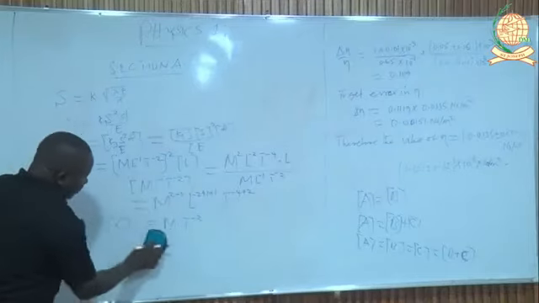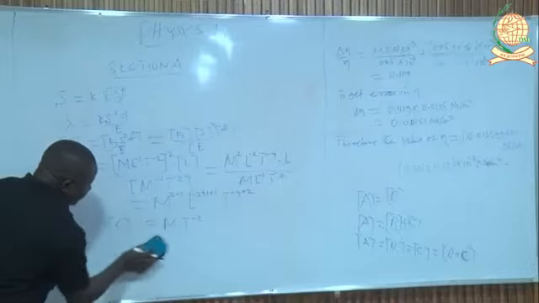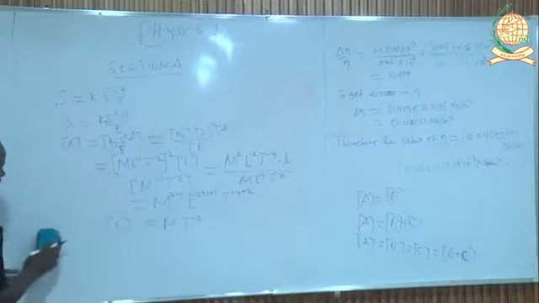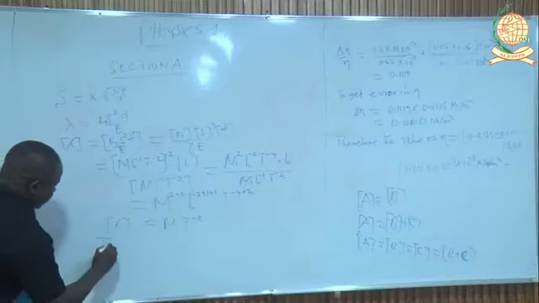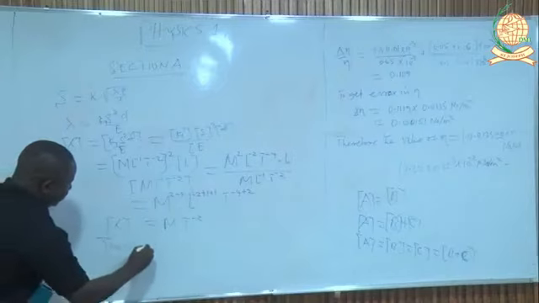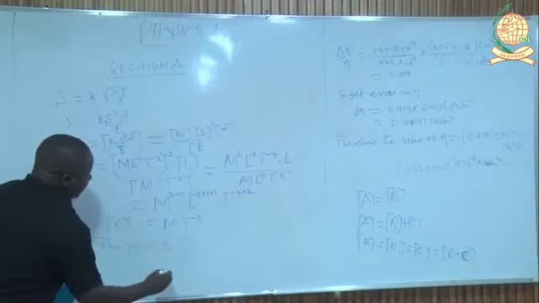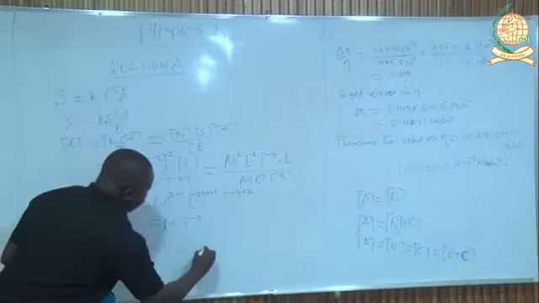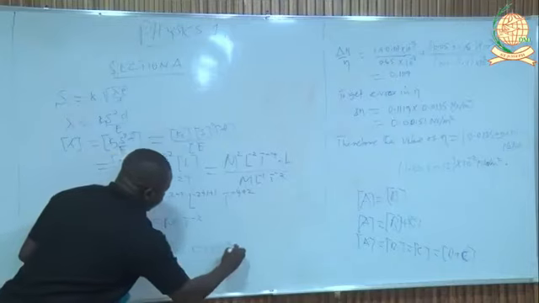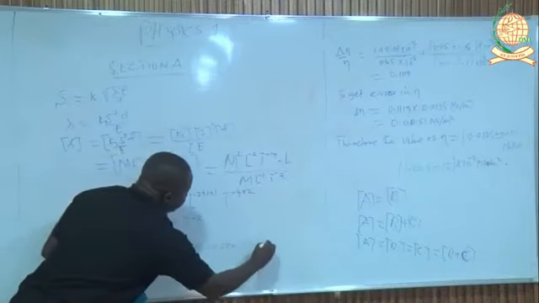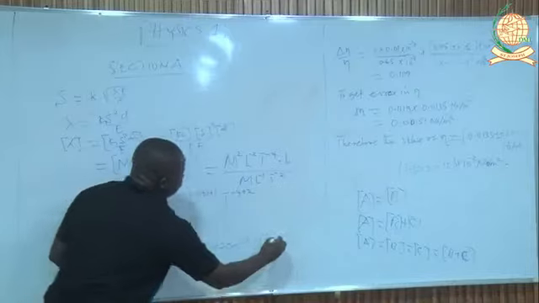So the meaning of this quantity lambda is that it represents surface tension.